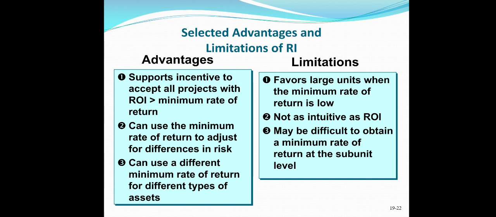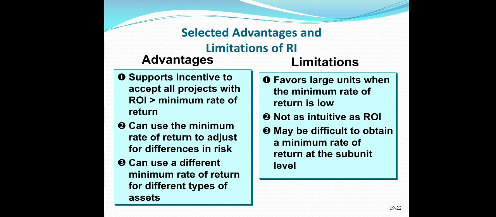But RI is not. It is an absolute number, 20,000, 30,000, 40,000. So the bigger the business unit, the more the probability that the investment is accepted.